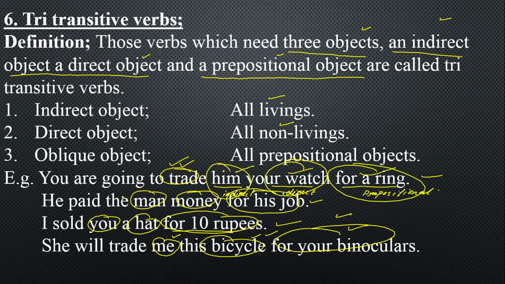Your second tri-transitive verb is paid, which is followed by three objects: man, money, for his job. And your third tri-transitive verb is sell, which is followed by three objects: you, hat, for 10 rupees. And the fourth one is trade, which is followed by three objects: me, bicycle, for your binoculars.